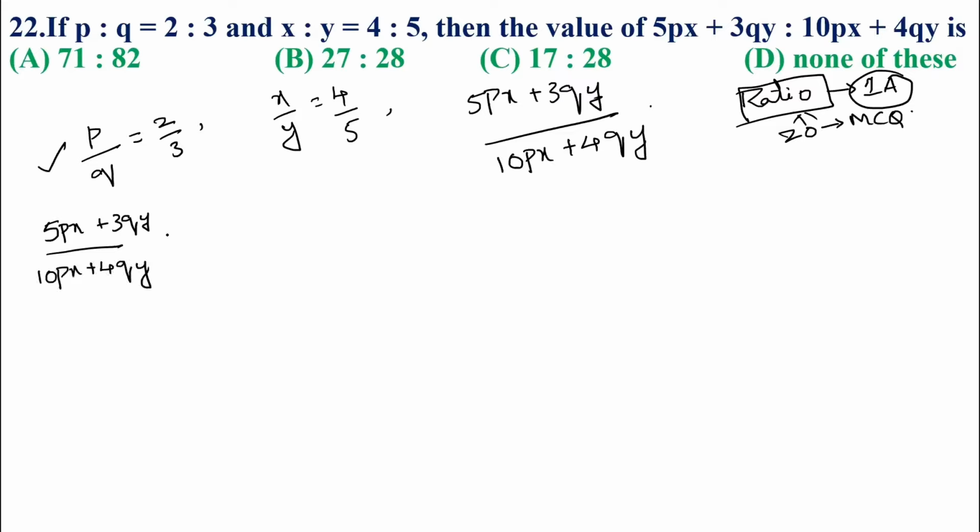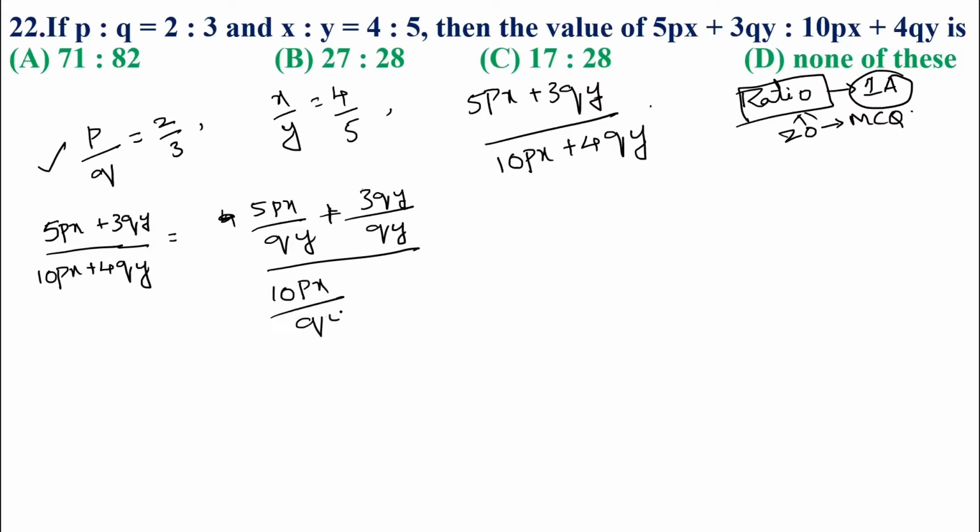If I divide each by qy, then it will become 5px by qy plus 3qy by qy, I'm writing in detail, so 10px by qy and 4qy by qy. Here qy will be cancelled.